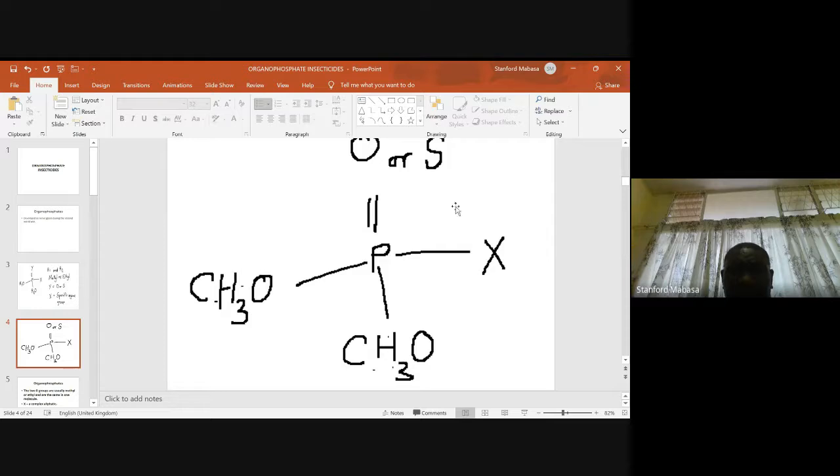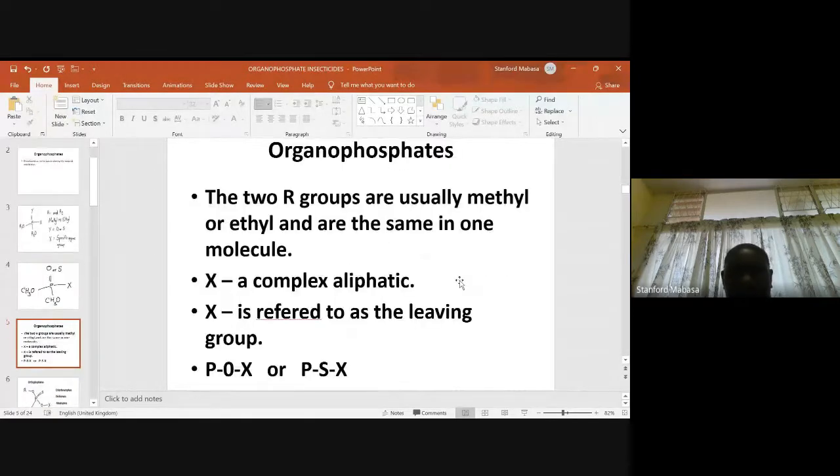So here we've got the structure where we now have, in this case, the methyl groups attached to phosphorus, which can either be attached to oxygen or sulfur. And we have this other group. So these are the organophosphates. The two other groups are usually the methyl or ethyl and are the same in one molecule.